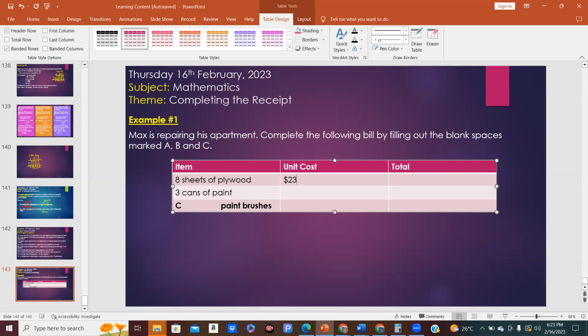The unit cost for this one is $23.20 each. And A is the total.